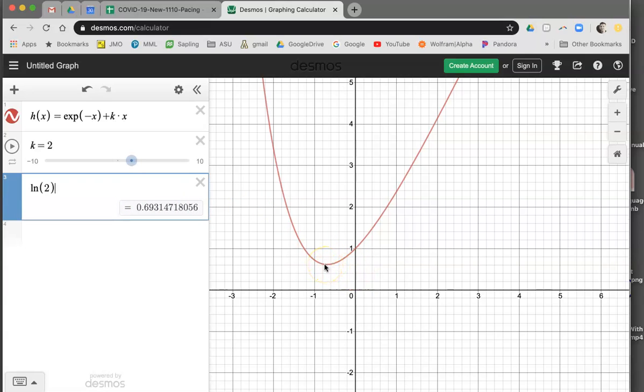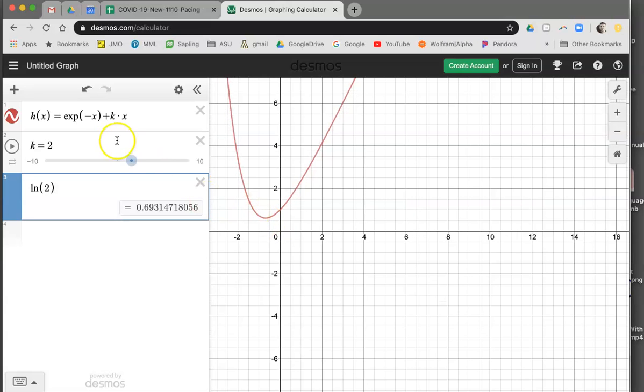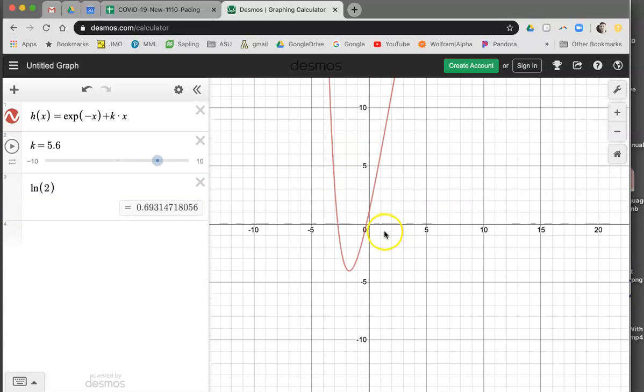So this critical number right here, where this minimum occurs, is at negative 0.69. And the bigger k gets, our critical number moves to the left. The graph changes a little bit. Sorry, let me move back out.